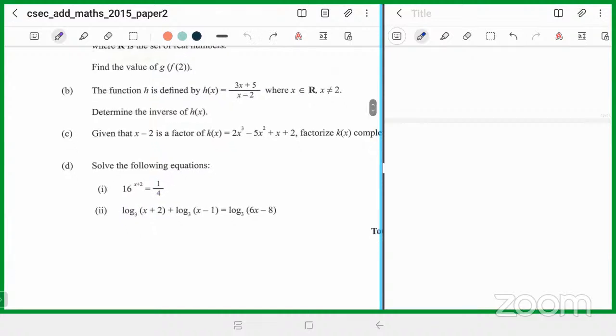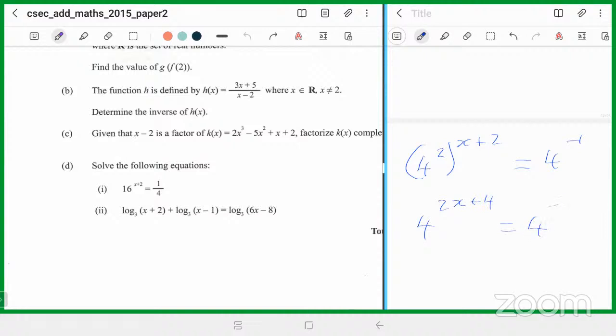So the 16 is the same as 4 squared. So I'm going to write it as 4 squared raised to the power x plus 2 equals this quarter, which I'm going to write as 4 to the minus 1. Then I can multiply these out and get 4 to the 2x plus 4 equals 4 to the minus 1.